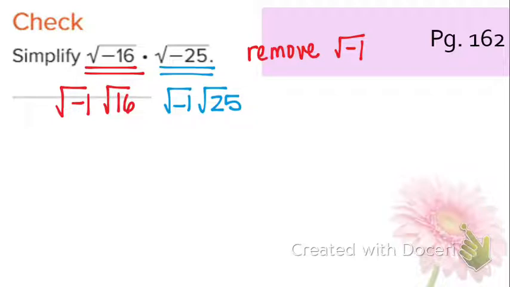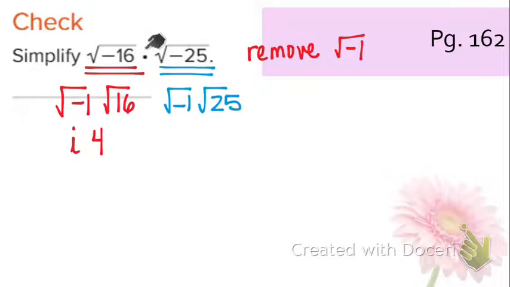So rule number 1 that we talked about yesterday, the square root of negative 1 is what? i. So this is going to change to an i. Now 16 is actually a perfect square. It's one of those numbers in that box that we have on our board, our list of perfect squares. What is the square root of 16? 4.